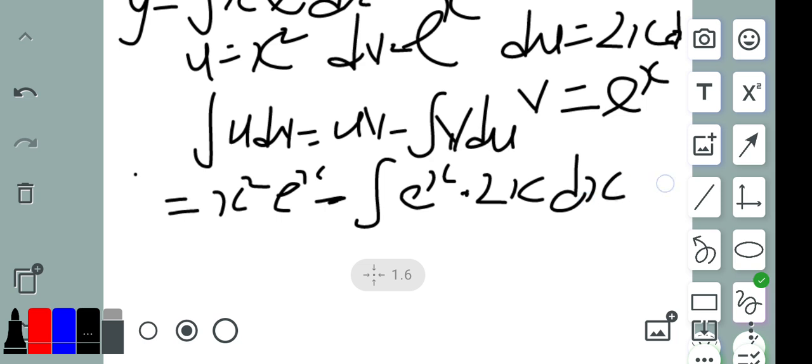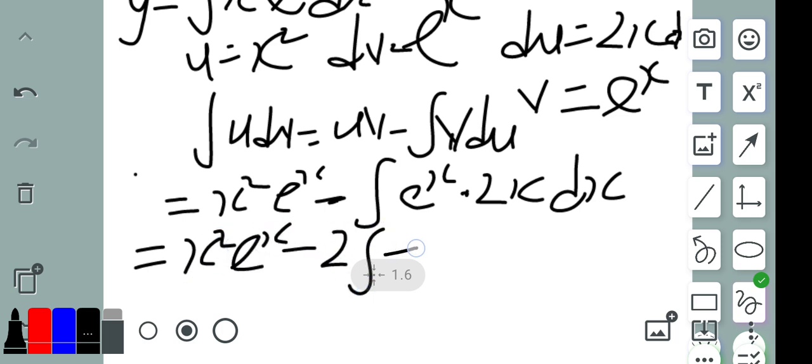Furthermore, this can be written as x square exponential x minus 2 integral of x exponential x dx. The 2 can come out, and we have x exponential x, which is the same thing I wrote here.